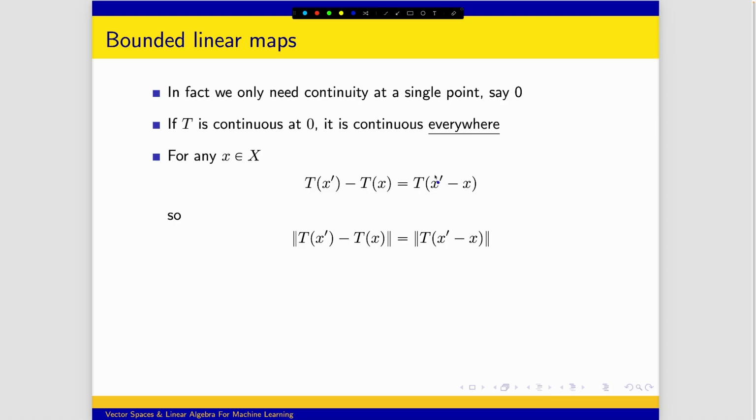So if you go back to what I just said, we have this property that T(x') minus T(x) is T(x' minus x). And so the norm of this is equal to the norm of this.